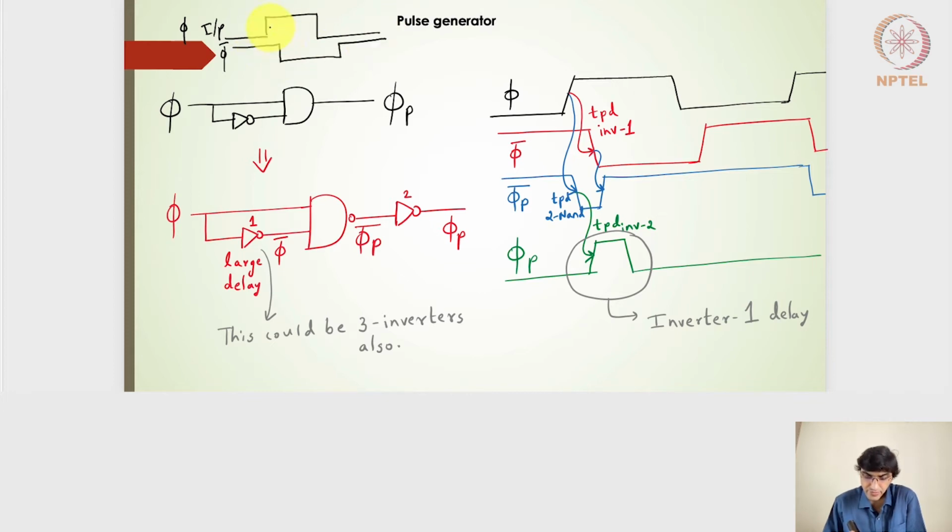Because of the delay in the inverter, we are likely to get an output which is high for this particular duration, and then low throughout. That is the concept we are trying to use. Based on this inverter's delay, we get this pulse duration, or the pulse width.